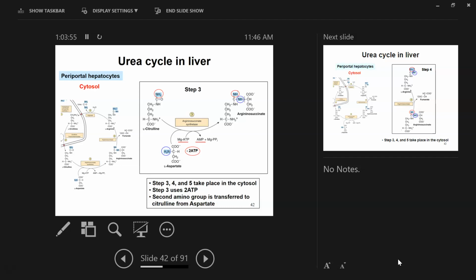Step 1 uses 2 ATPs, and step 3 also uses 2 ATPs, so now we need 4 ATPs at this point. And the third point you want to know is that the second amino group is transferred to citrulline from aspartate. So now we have 2 amino groups, because urea, if you remember, has 2 amino groups. One initially from the ammonium, and the second amino group is from aspartate.